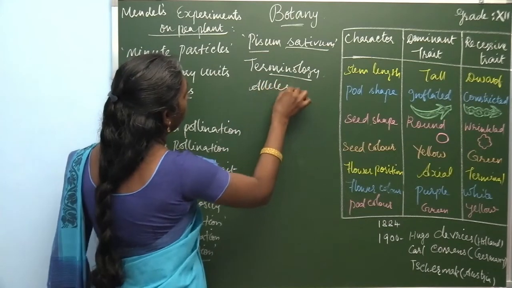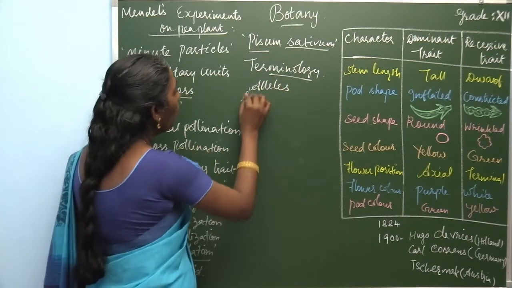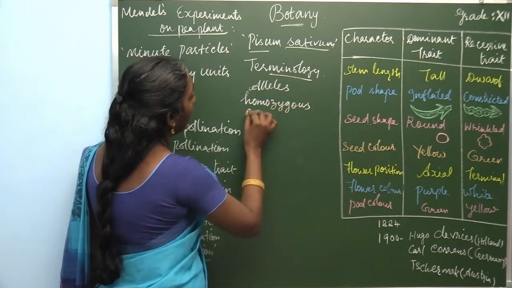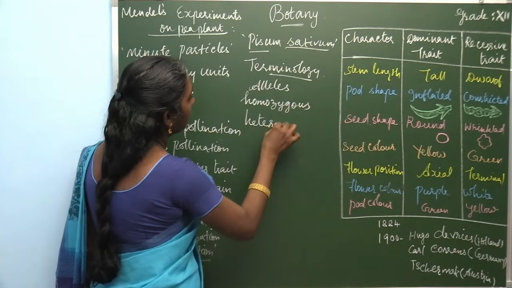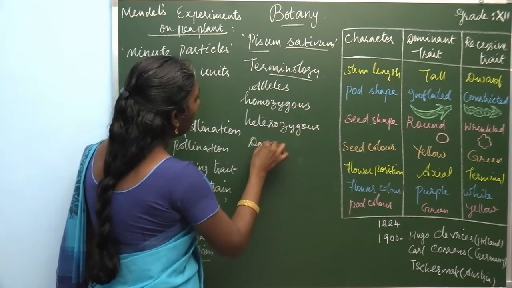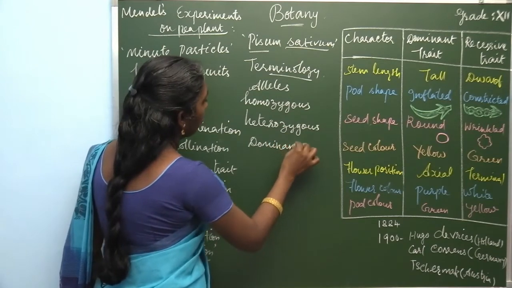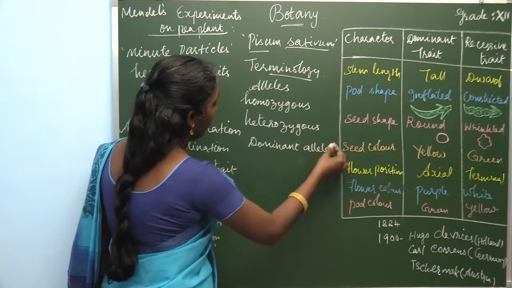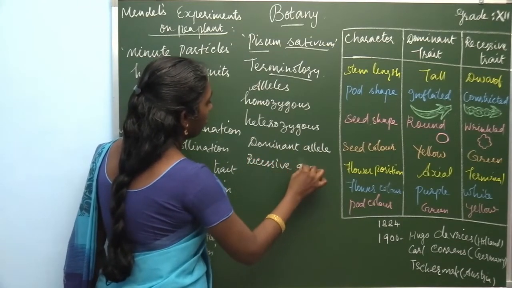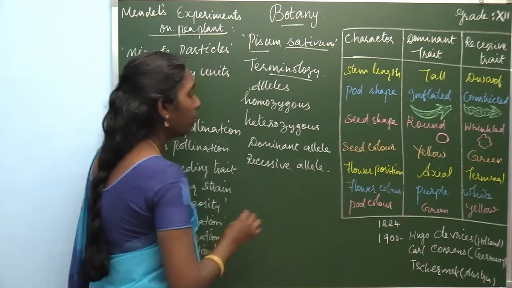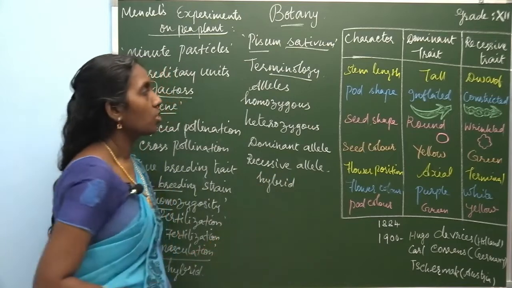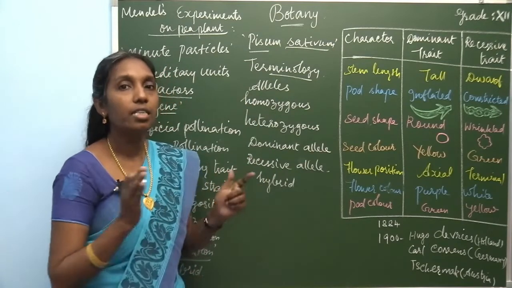Alleles, homozygous, heterozygous, dominant allele, recessive allele, hybrid. These are the different terms.